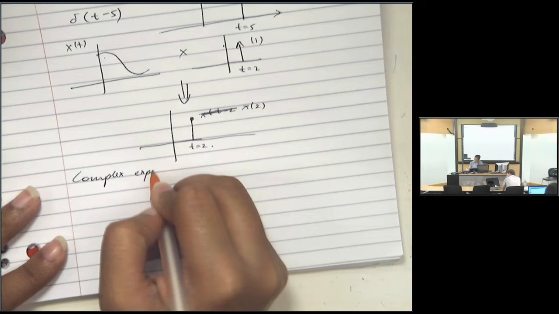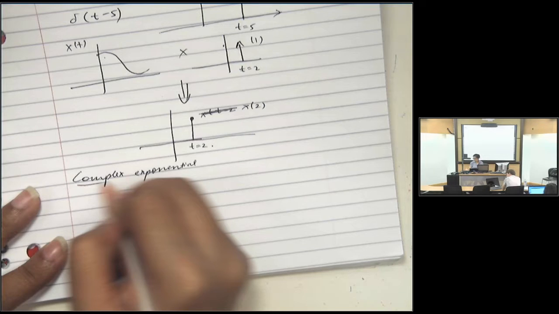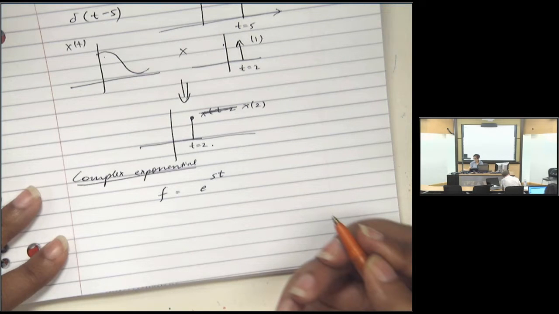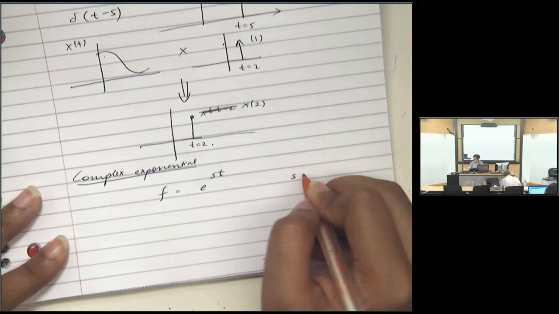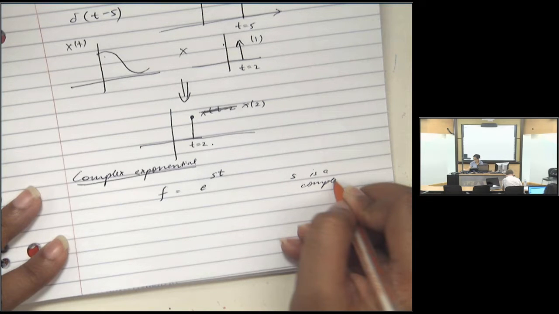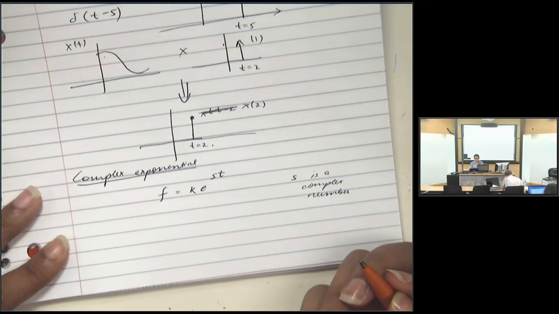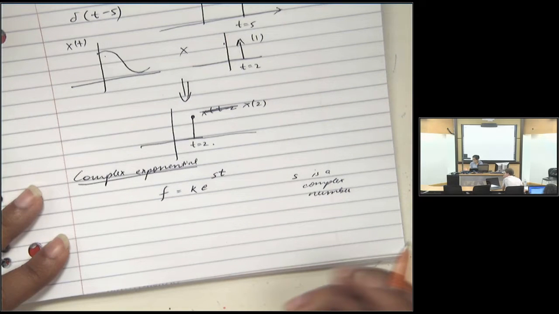Complex exponential. So our function, let's say f, is equal to e raised to power s of t. Now s is a complex number over here. And this can be scaled, so you can have a factor of k also over here. It's a random amplitude that you can choose. Anything that you want, 2, 3, 4.